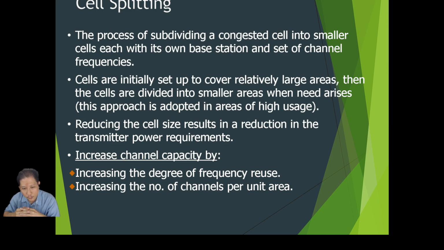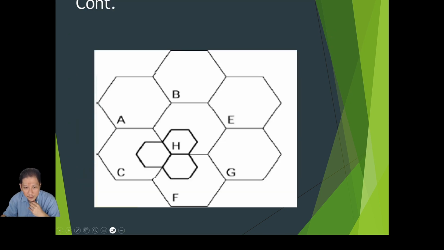Okay, why? Because it will increase the capacity by increasing the frequency and number of channel. Okay, for example here, cell A, cell C, cell F, G. Okay, it only C, F, and H. It will split another cell.